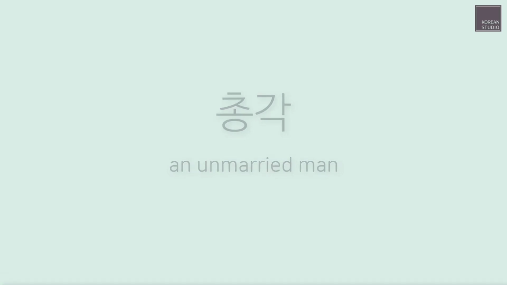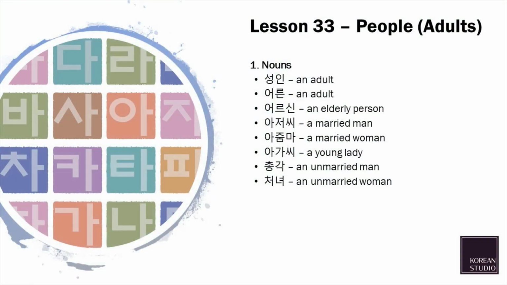Excellent job today, well done. Today, we only covered a few words, but there was a lot of usage rules we had to explain. First, we learned that there are two words for adults, 성인 and 어른. For elderly people, we can refer to and address them by 어르신. Married men are 아저씨 and married women are 아줌마.